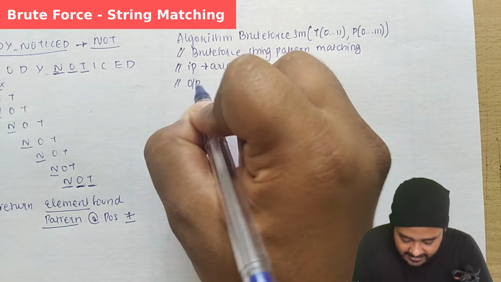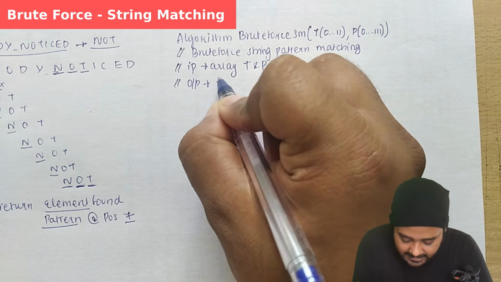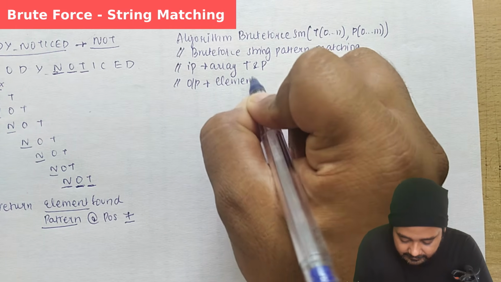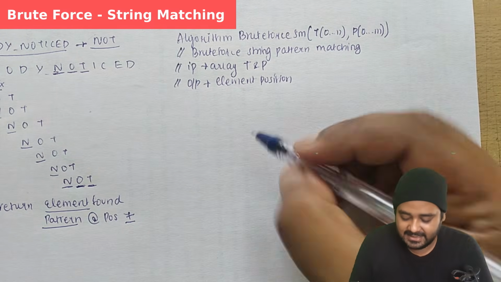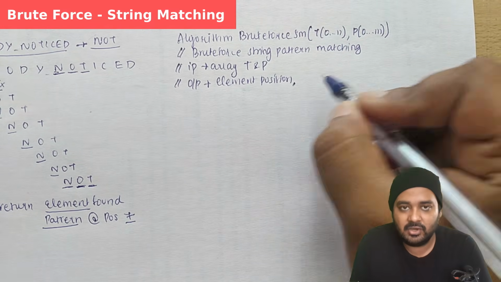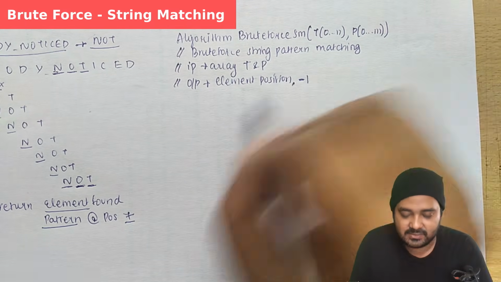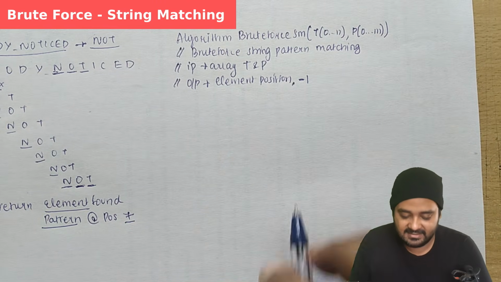My output will be the element position. If my element is present, it returns the element position. If my element is not present, it returns -1, that is, -1 if the element is not present inside the list.